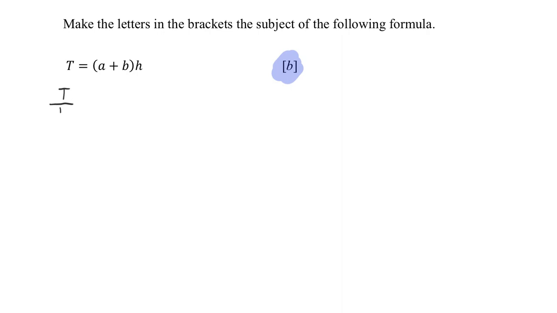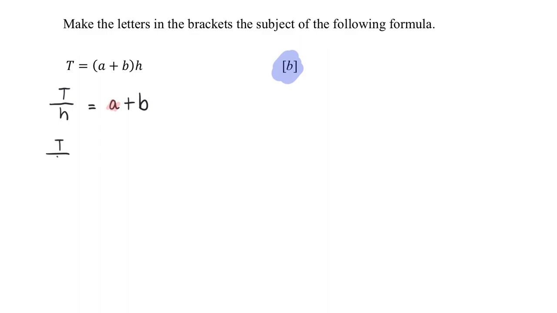T over H is equal to A plus B. After which, I'm going to minus A on both sides so that I no longer have the A down there.